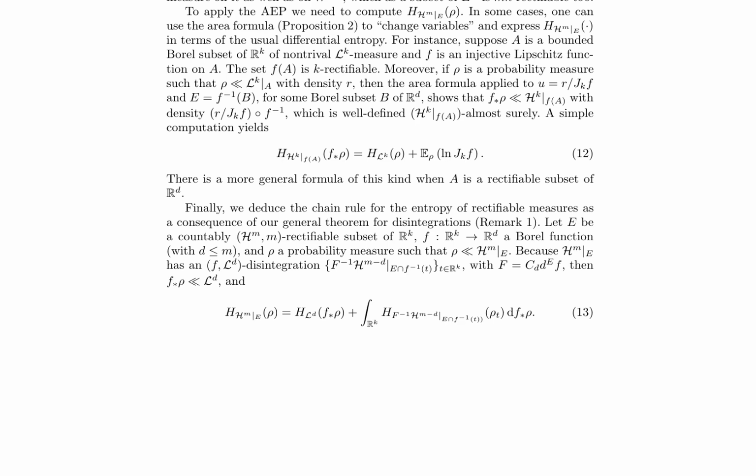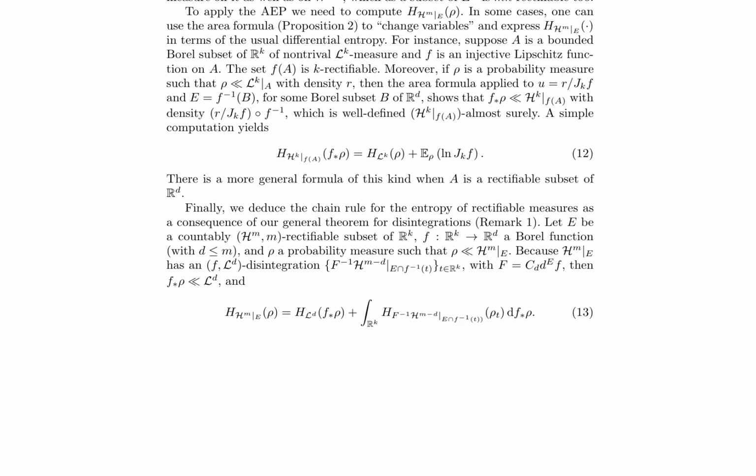In some cases, the area formula can be used to change variables and express H^m_E in terms of the usual differential entropy. For instance, if A is a bounded Borel subset of R^k of non-trivial Lebesgue measure and F is an injective Lipschitz function on A, then the set F(A) is rectifiable.